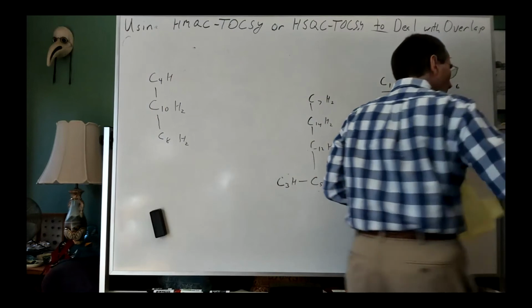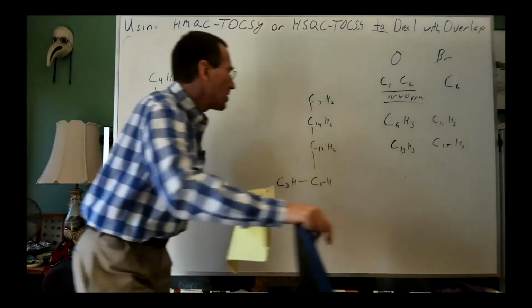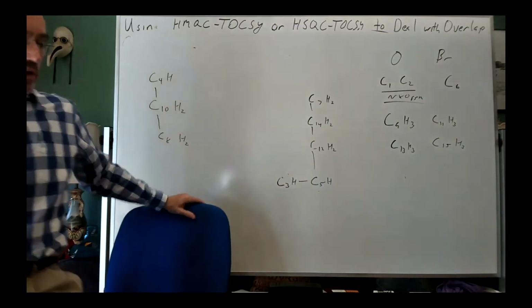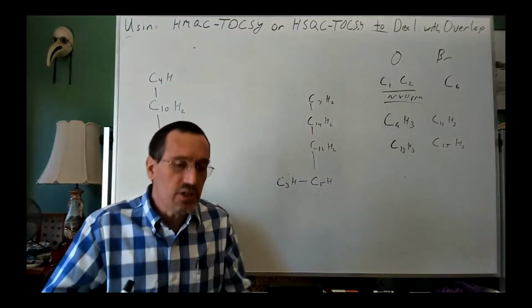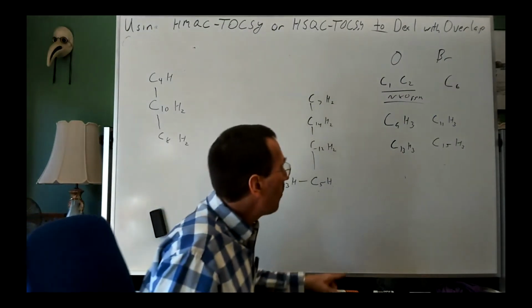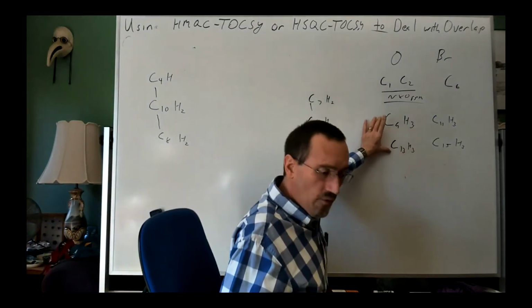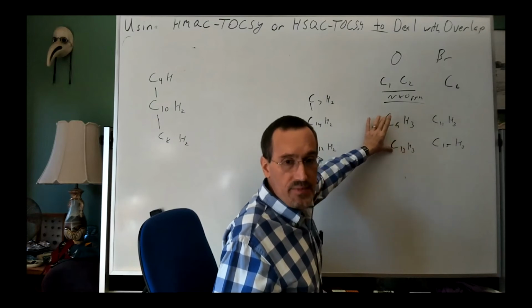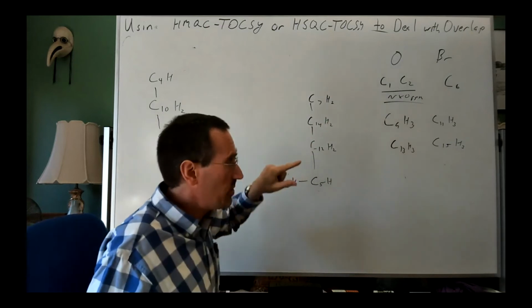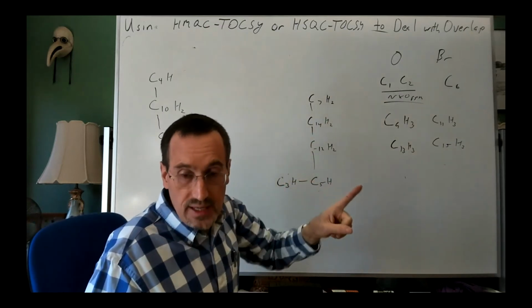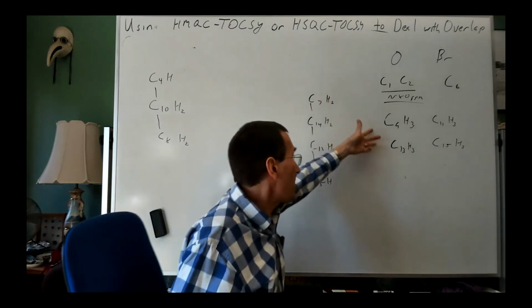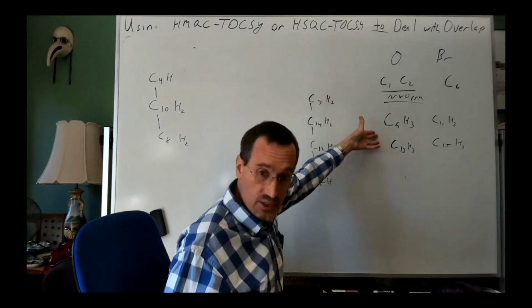C15H3. And so the next thing we're going to do, now that we built up our spin systems, is use our HMBC to put the pieces together. And you know that the first thing I like to go for is the isolated methyls, because those isolated methyls end up being linchpins where they have to be connected to a carbon or a heteroatom, but we know the methyls aren't connected to the oxygen.